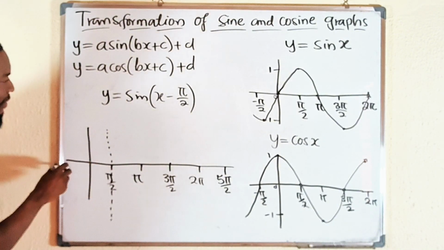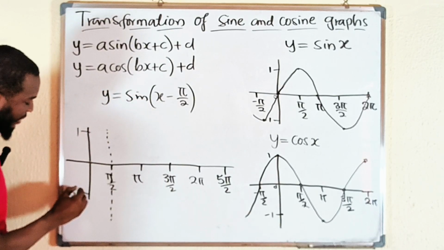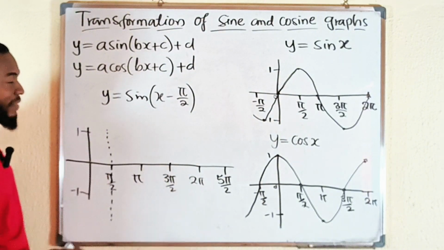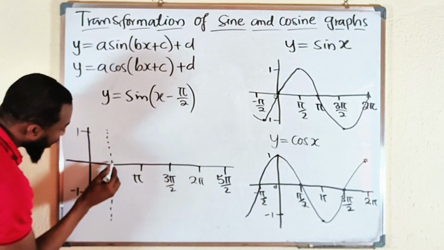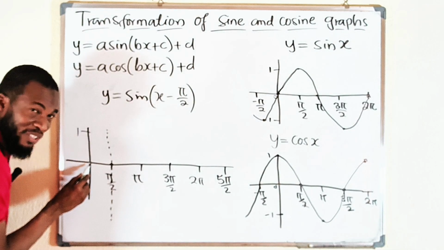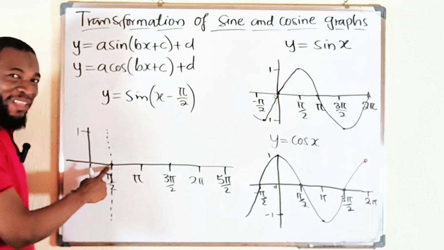The amplitude remains the same, 1 to negative 1, because there is no number here. Remember, sine started from 0. It's supposed to be here because it has been shifted pi over 2 units to the right, so the new point will be here.